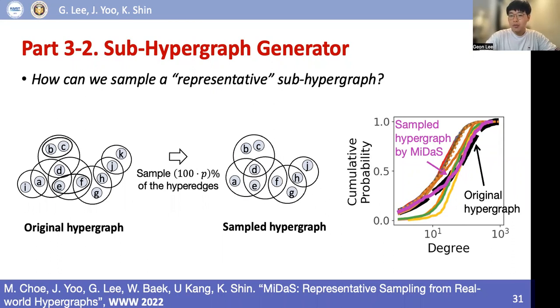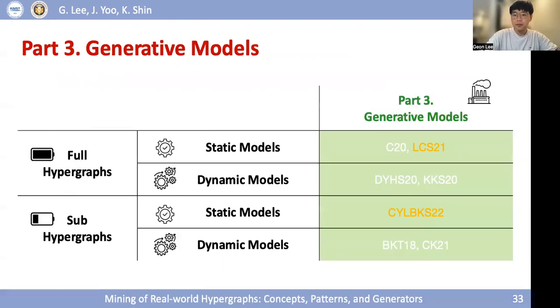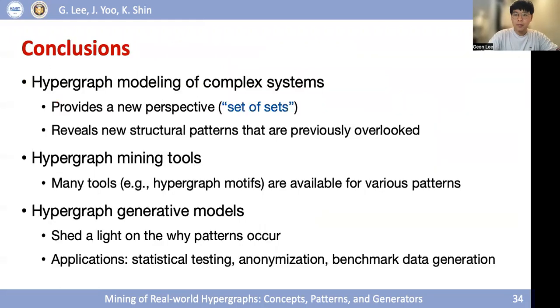A hypergraph sampled by MIDAS preserves the degree distribution of the original hypergraph most accurately, and we will show how MIDAS reproduces other patterns as well in this tutorial. So in the last part of this tutorial, we will share various generative models of hypergraphs. The generated hypergraphs are either full or sub-hypergraphs, and they can be static or dynamic.